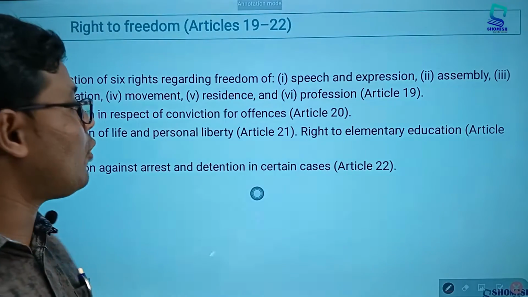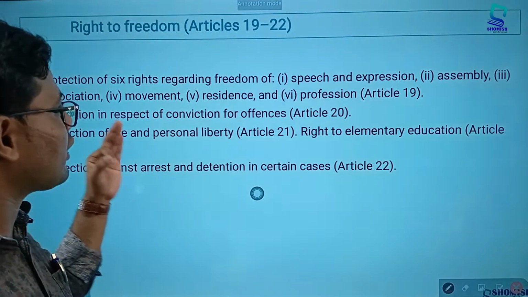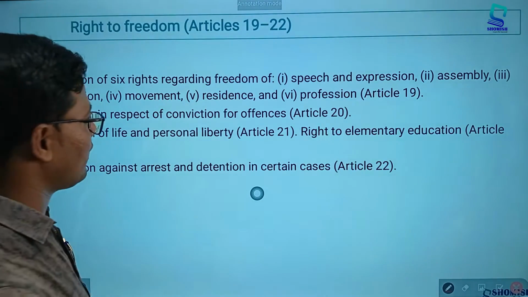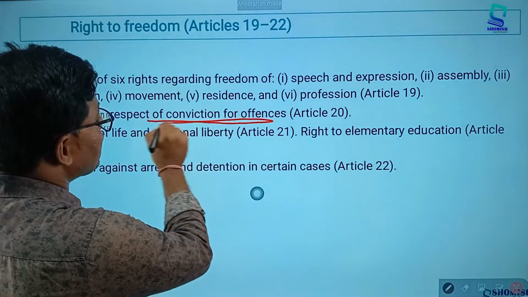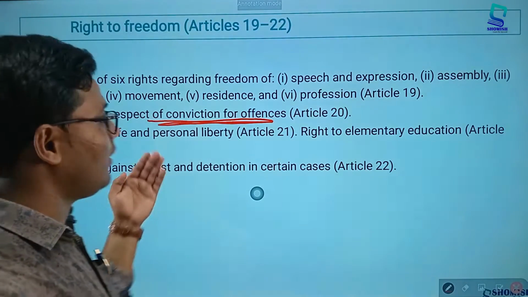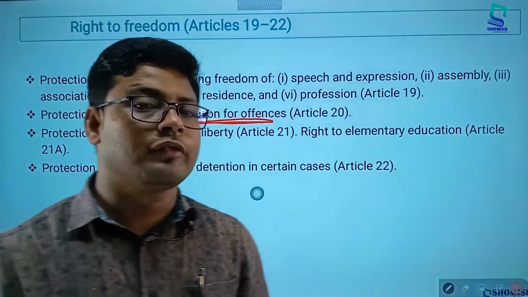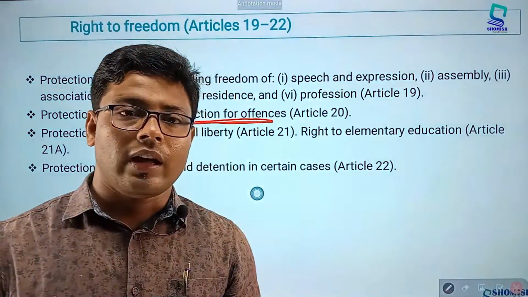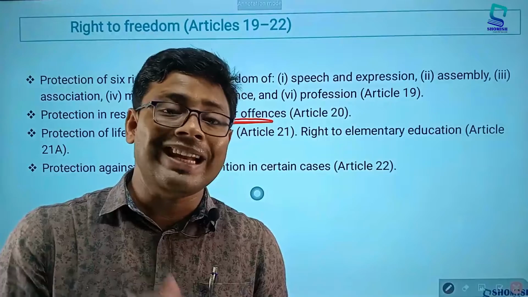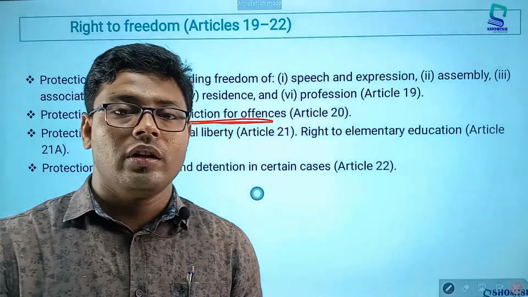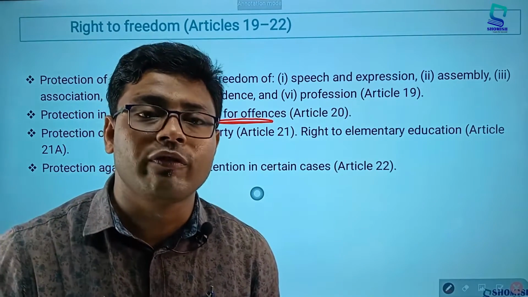Now, protection in respect of conviction of offences. It is another important right. Basically, if you breach any law or commit any crime, you also equally deserve protection in the eyes of law.